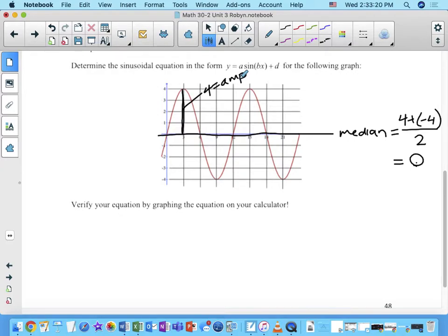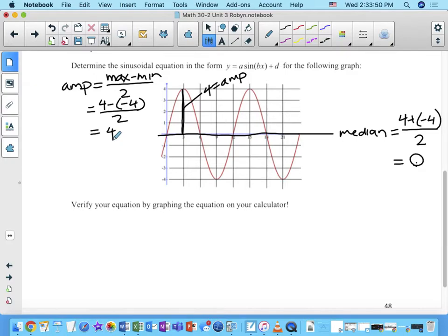When you're looking for a distance between 2 values on an axis, that's a difference. So for your amplitude, if you can't see from the scale, it's your max minus your min over 2, right? So 4 minus negative 4 over 2 happens to be 4.